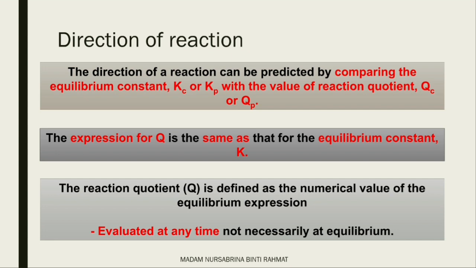So we only include gaseous or aqueous components in our Q and K expressions. The value of Q varies depending on the given concentration and partial pressure of each compound, but the value of K remains constant unless there is a change in temperature, which we will discuss further in Le Chatelier's principle later on.